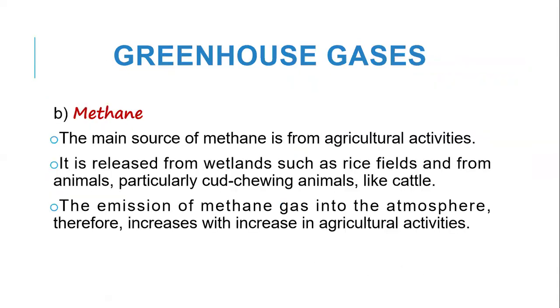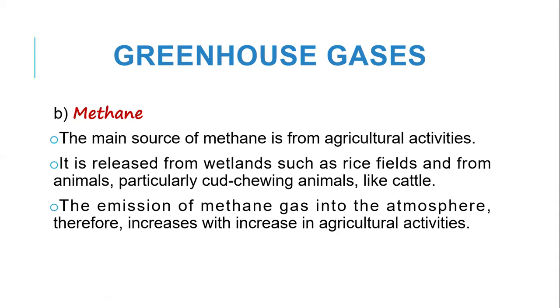The other greenhouse gas is methane. The main source of methane is agricultural activities. So the main contributor to the production of methane as a greenhouse gas is agricultural activities, as one of the economic activities. It is released from wetlands such as rice fields and from animals, particularly cud-carrying animals like cattle.